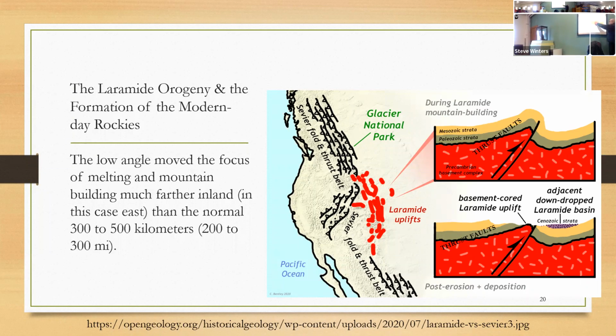That means older rock is actually being pushed up over younger rock, completely reversing the sequence that we would expect, with younger on top, old on the bottom. But if you've got a thrust fault, the old is down here, but that's thrust up on top of younger stuff. And that was going on all over this region during the formation of the modern day Rockies.